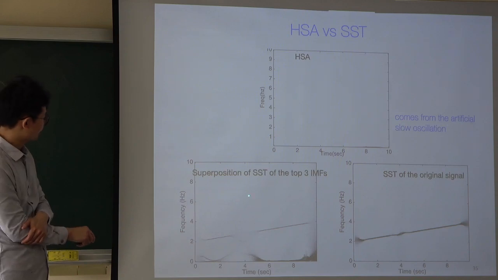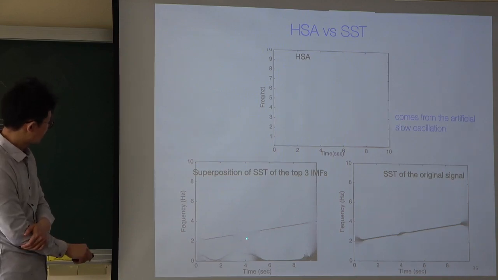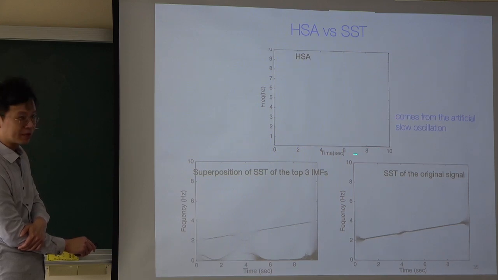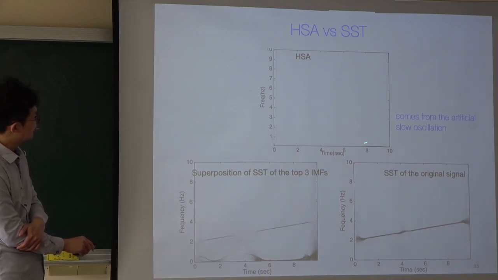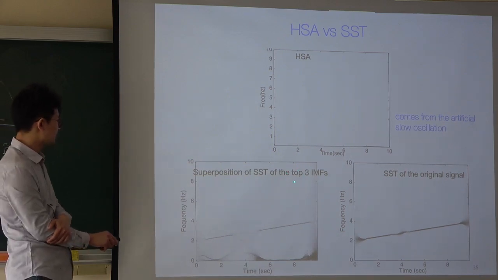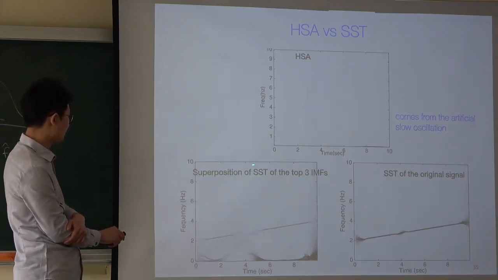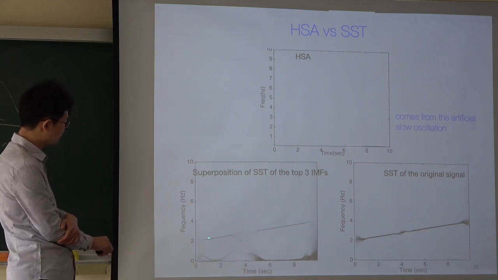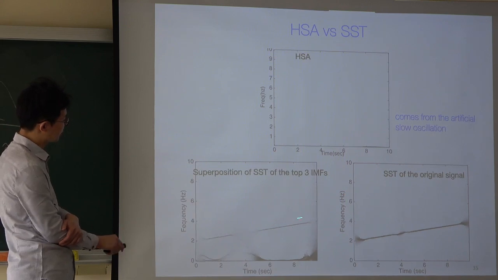If you take a look at it, you see there is a lot of dominant low frequency component from the trend, which masks everything. And if you only take the top 3 IMFs and evaluate the synchrosqueezing and do a superposition, you can get somehow reasonably good instantaneous frequency, but not perfect.